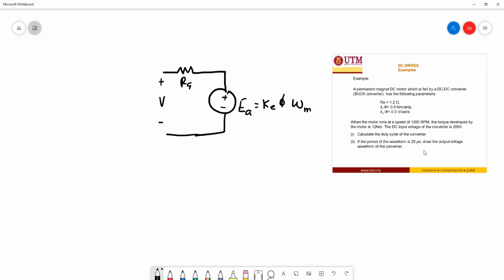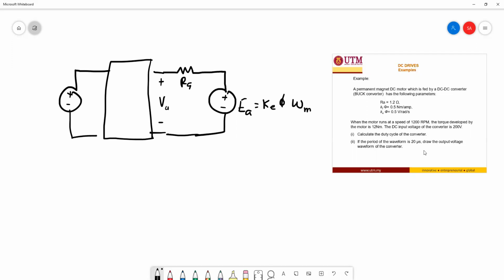So this is your VA. So you have what you call a buck converter here. And then it is supplied by a DC source. So this is a 200 volt DC source. Okay, so this is the DC to DC converter.